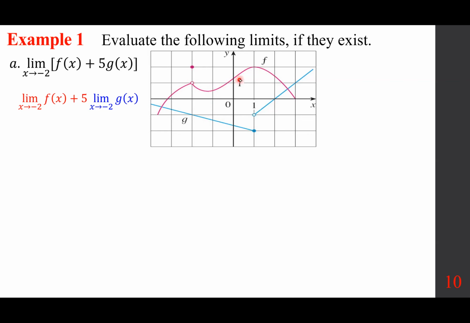In both cases, we end up with number 1. The g function is the blue function. And as we go to -2, here's number -2 from the right and left. Both of them take us here, giving us the y coordinate of -1. And so this would become 1 plus 5 times -1, which is -4.